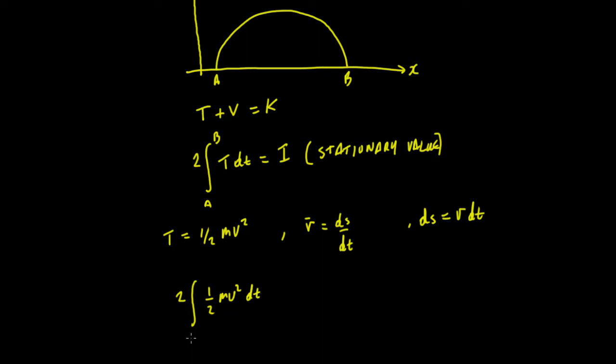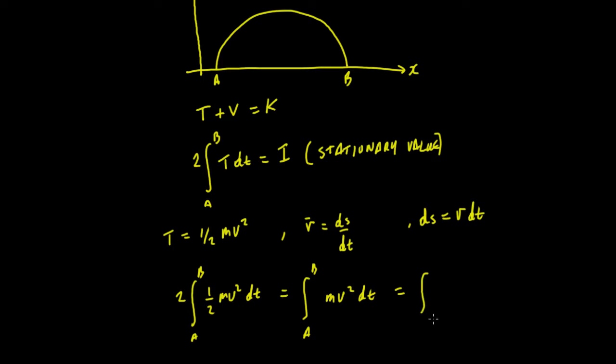So then we can say that 2 times the integral of a half mv squared by dt from a to b is the same as saying the integral from a to b of our mv squared by dt, just cancel out the 2.